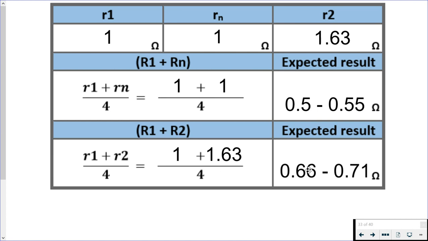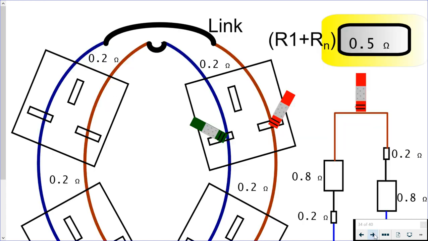That gives us an expected r1 plus r2 value of 0.66 plus the 0.05, so 0.66 to 0.71 of an ohm as an expected result out of the front of the socket outlet, taking into account contact resistance. So how do we get this divided by 4?